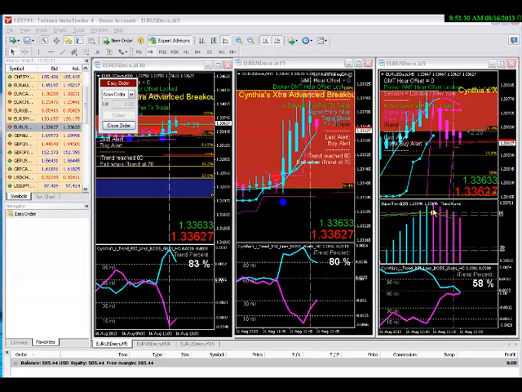You can see the super trend bars are in the overbought, so it's only normal for the price to fall, the volatility to fall, the trend bars to fall, and have a little bit of a retracement. It's just a breathing pause. It's very normal for the price to do that, so you have to learn to expect that.